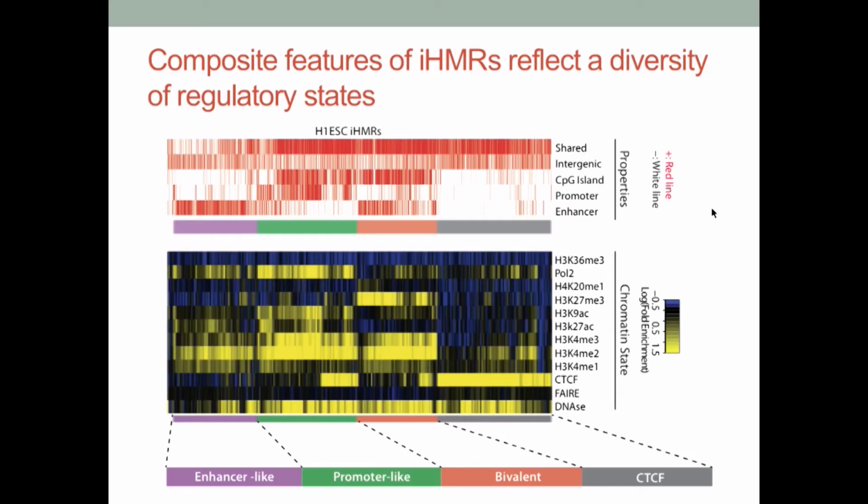We've defined these groups as enhancer-like, promoter-like, bivalent, and CTCF. The CTCF is the obvious one: you don't see very much activity up here, but you see really strong CTCF binding. In the bivalent category, you see both active and repressive marks.